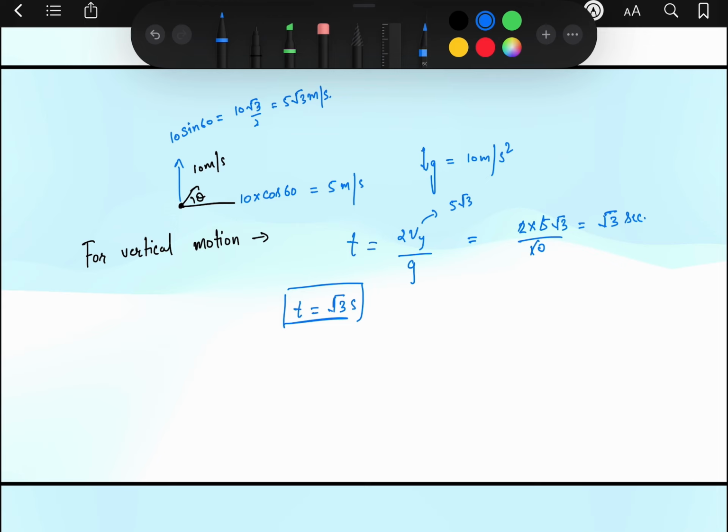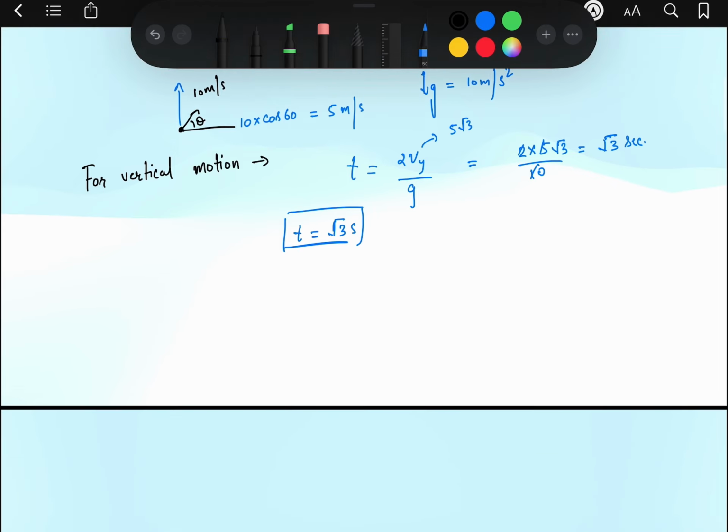Okay. So if I consider the situation again, in the frame of reference of the train, our train is moving with an acceleration a in the forward direction.